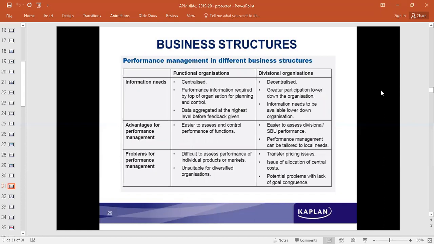The next topic is, what are business structures? Business structures, here it talks about functional organizations and divisional organizations. The structure of an organization generally depends on the size. Let's say the organization size is very small. If the size is small, the organizational structure considered is the entrepreneurial structure, where the owner who starts such a business can manage all by himself.